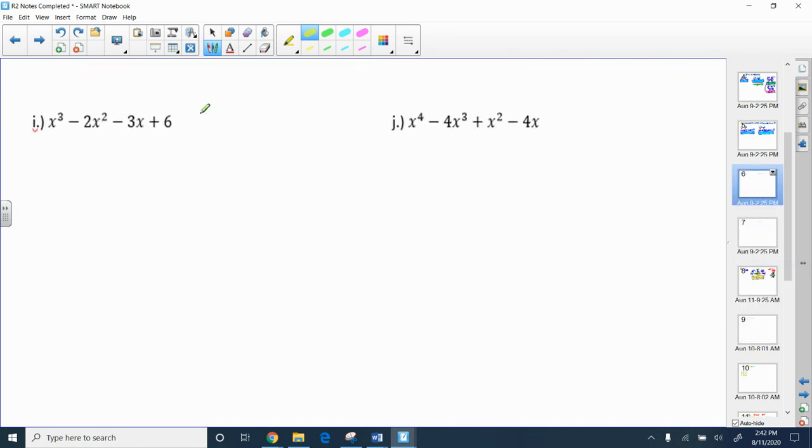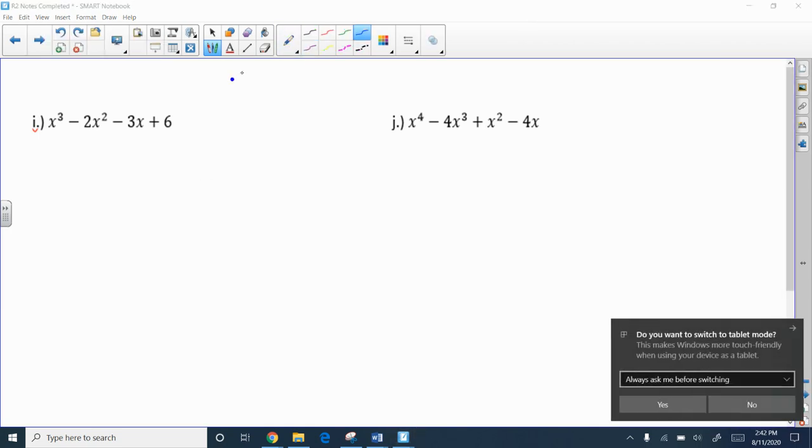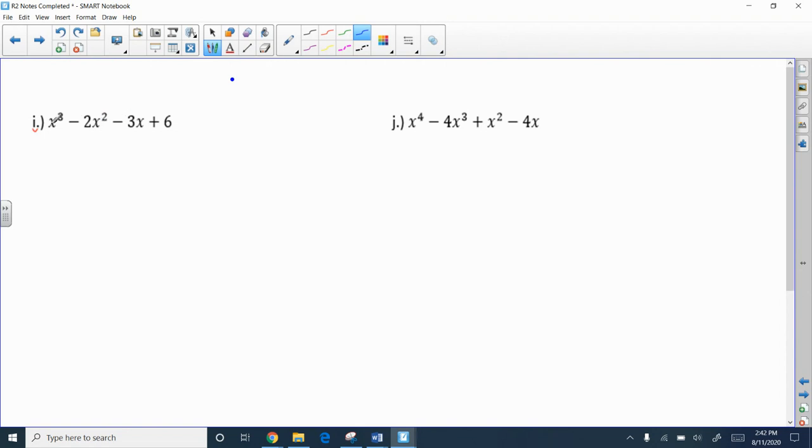Okay, so if you have the printed note sheet, we're on examples I and J. If you don't have the printed note sheet, then you should write these examples down in your notebook or whatever you're taking notes on. So our first example of the day is example I right here.